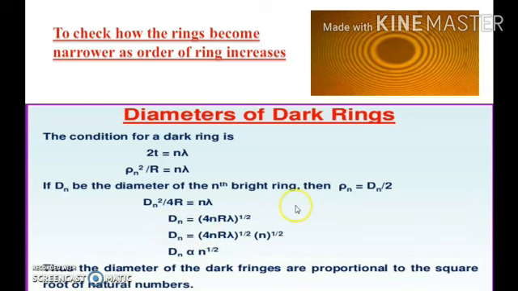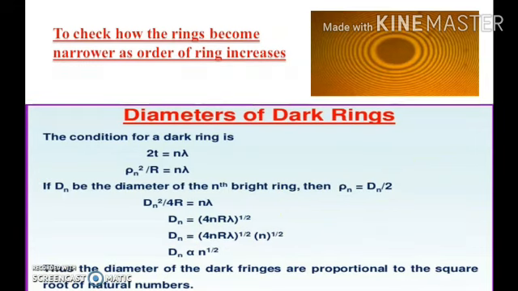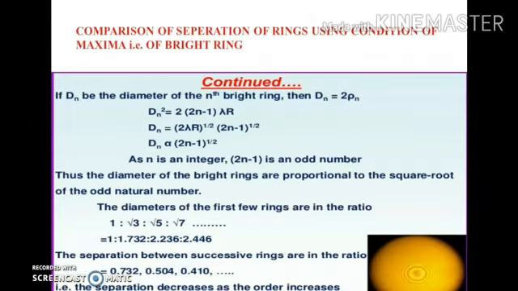Now we have compared the diameter of the dark rings. Similarly, if we compare the diameter of the bright rings, from the formula of the diameter of bright rings, we came to know that the diameter of bright rings is directly proportional to the square root of odd natural numbers. So when we put the value of n as 1, 2, 3 and so on, we will get the value of the diameter of the first bright ring, second bright ring, third bright ring and so on.